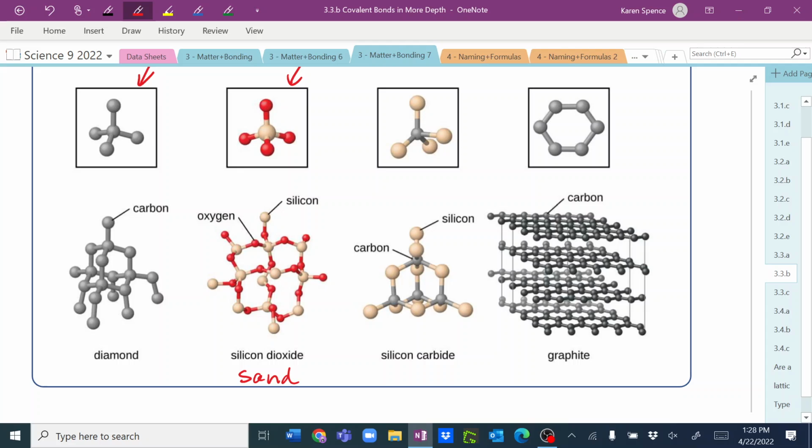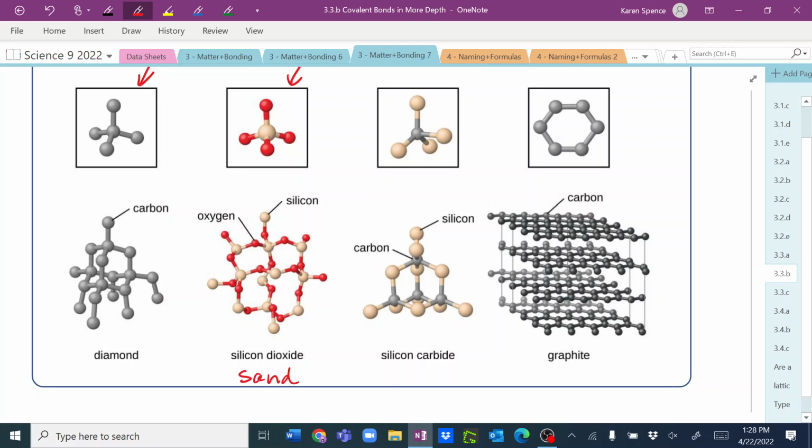Okay? So those structures where you have this great big thing, for those of you who are interested in the enriched stuff, those are called covalent network solids. Okay, so here you can see we have diamond. We have graphite, you can see very distinctively here.